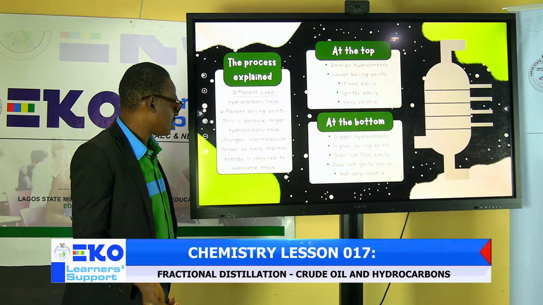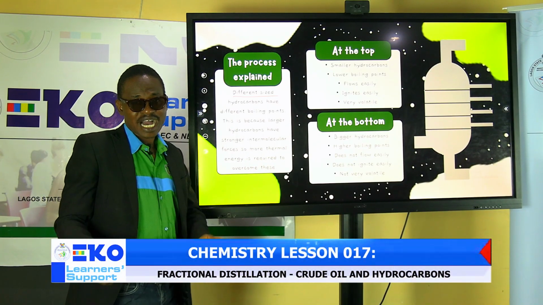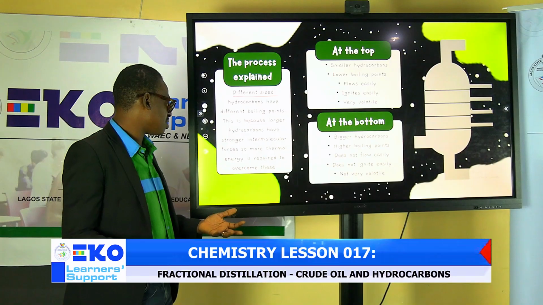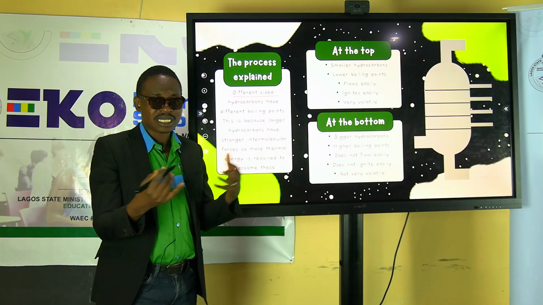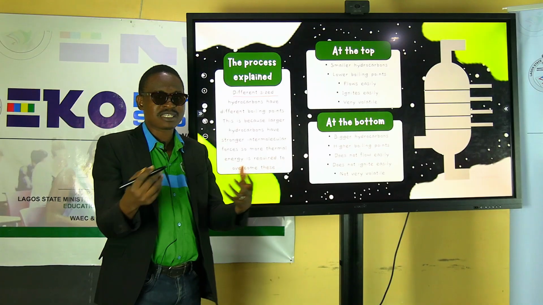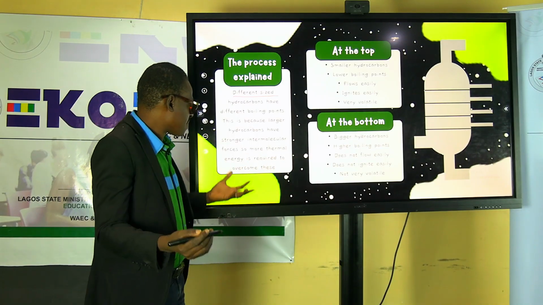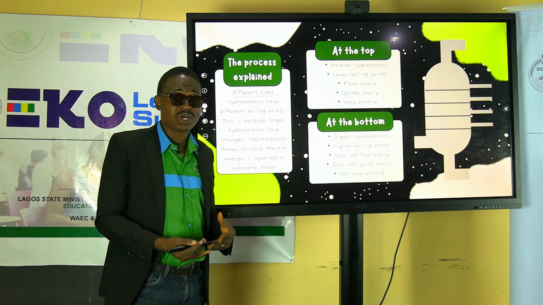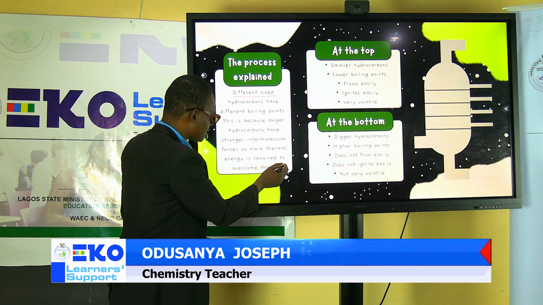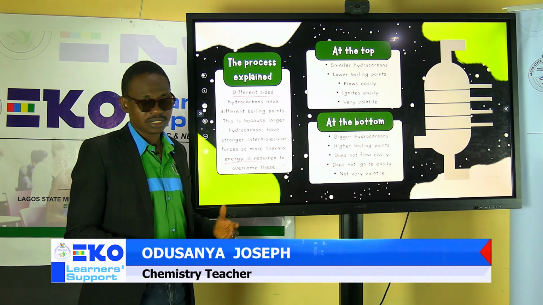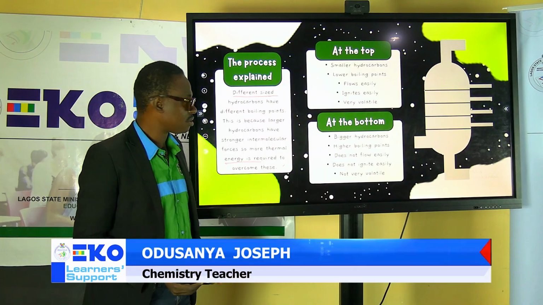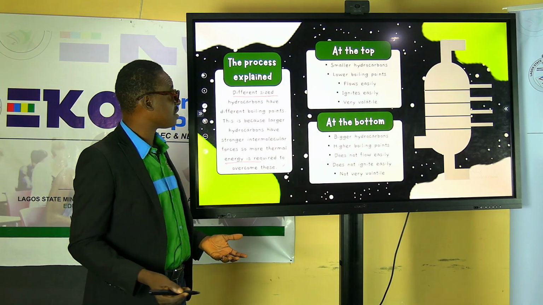This is because the larger hydrocarbons have stronger intermolecular forces. When you say intermolecular forces, we are talking about the force between the molecules that brings them together. For you to separate them in crude oil, it requires a lot of energy. That is why you have to heat your crude oil in order to separate it into different components.